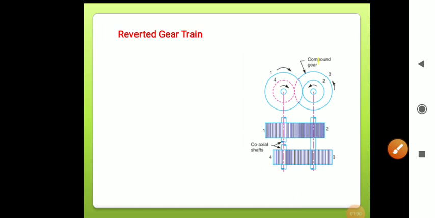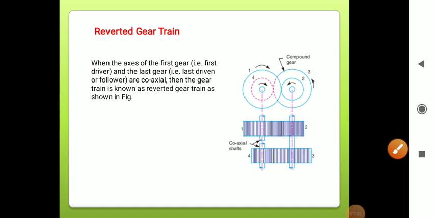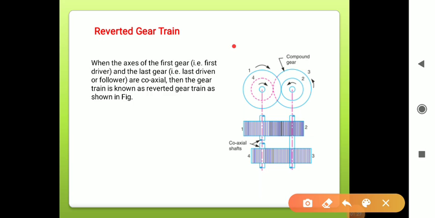So what is meant by a reverted gear train? This is the definition: when the axis of the first gear, that is the first driver, and the last gear, that is the last driven or follower, are coaxial, then the gear train is known as a reverted gear train, as shown in the figure. Here, this is the first gear, the driver.